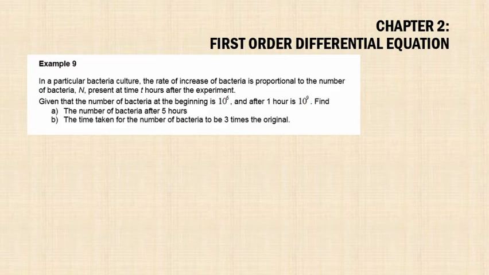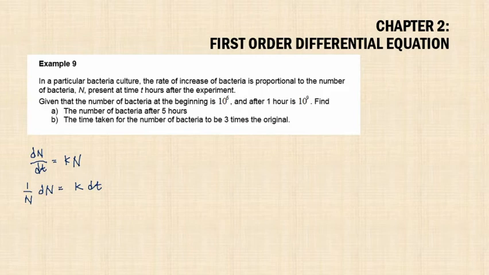Before we can answer question (a), we need to find the particular equation for the population growth. As the rate is proportional to the number of bacteria, we have dn over dt equals kn. Then by using separation of variables, we have 1 over n dn equals k dt.